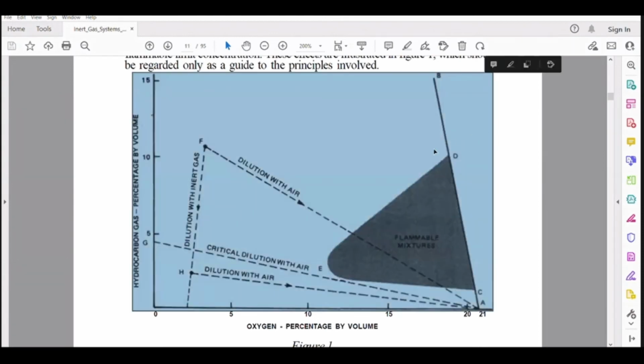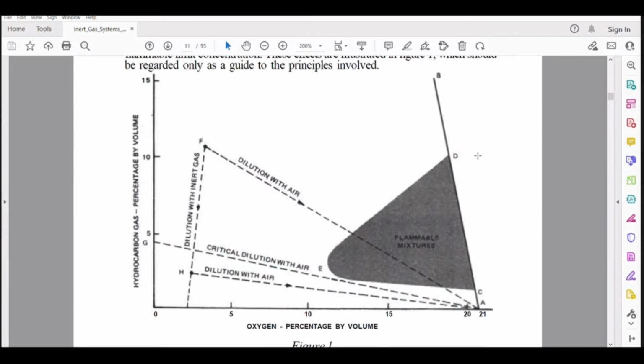I don't like using these, because the words dilution with air and dilution with inert gas are used by researchers, the people doing studies, professors and researchers. We are operators. We will use the words gas freeing and purging. Is that okay?